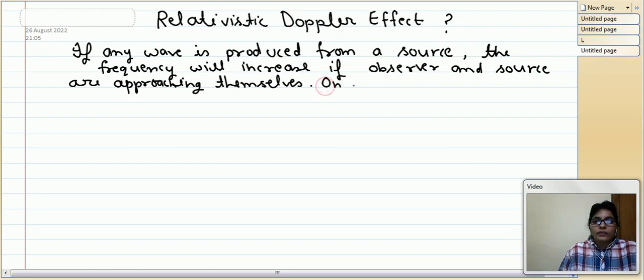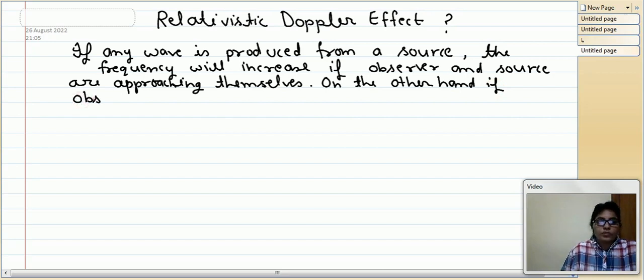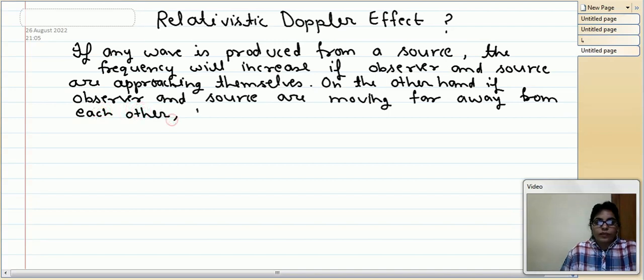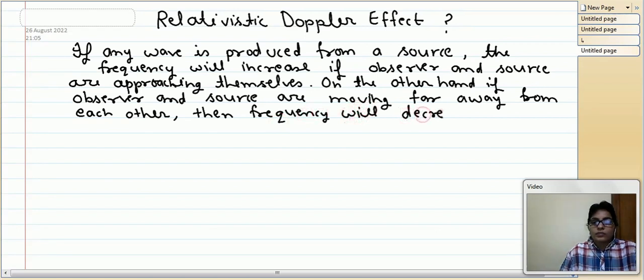On the other hand, if observer and source are moving far away from each other, then frequency will decrease. So this is the Doppler effect.